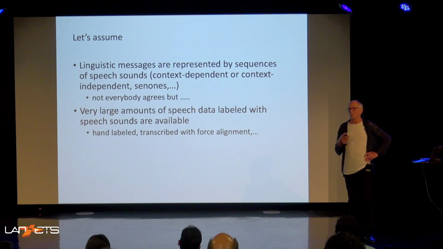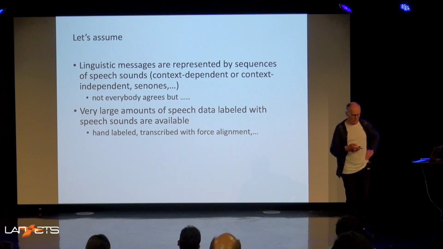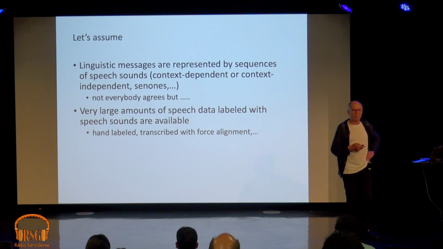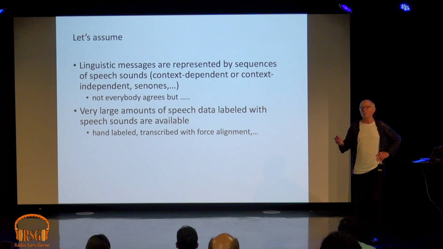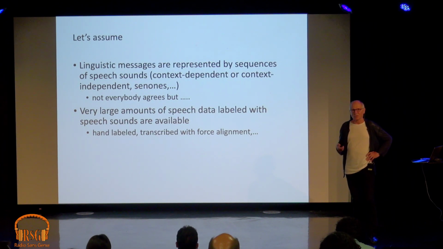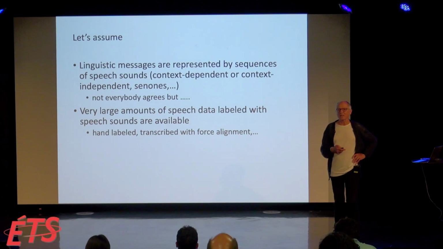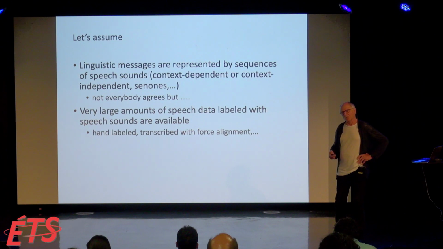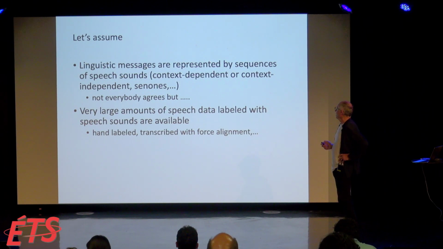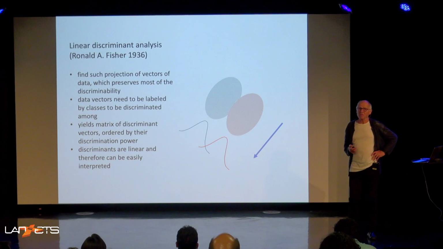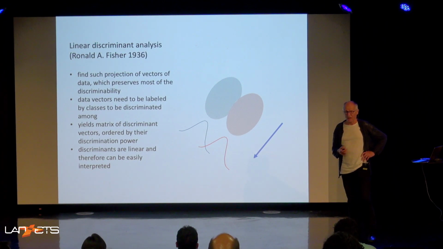Now we know how to do this automatic forced alignment transcription. We have data, and more and more data, because as we develop more machines, we use more speech data, we are getting more labeled speech data in principle. So in the middle of the last century, what we had was the technique called linear discriminant analysis.